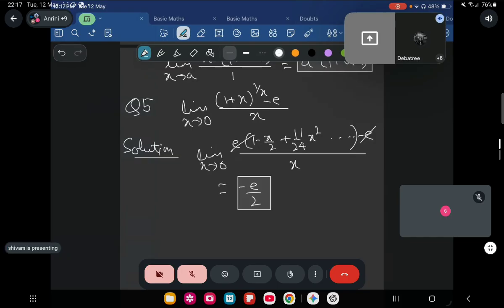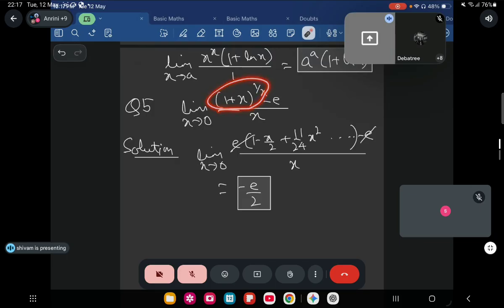Debatri, over here, I have given the expansion of (1 plus x) whole to the power 1 by x. It will be equal to e into (1 minus x by 2 plus 11 by 24 x square and dot dot) minus e. Now see, over here, first e and last e will get cancelled.